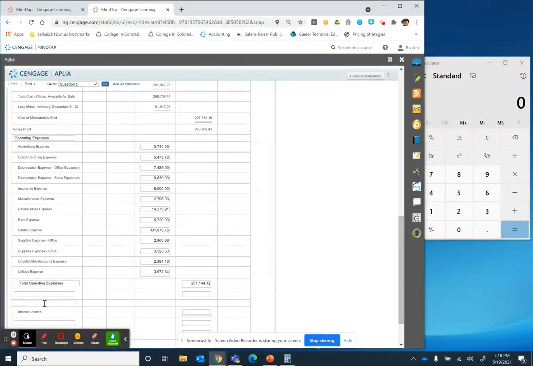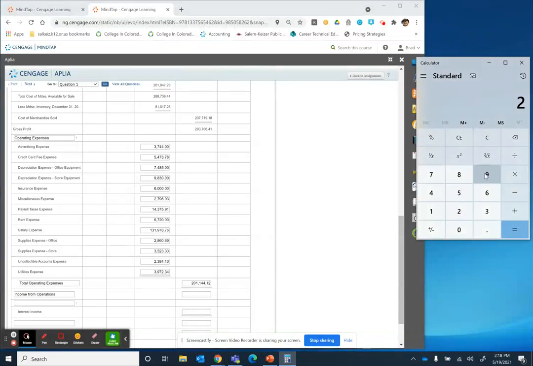From there, we're going to get our income from operations, and we are going to be subtracting our gross profit minus our total operating expenses.